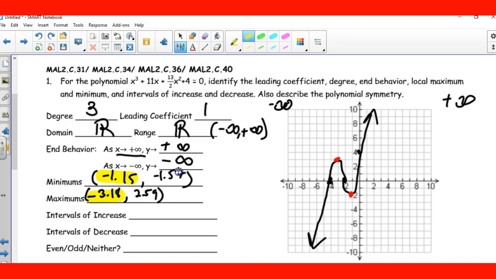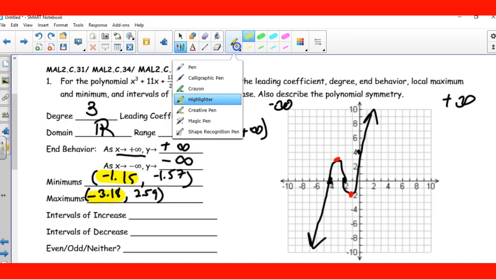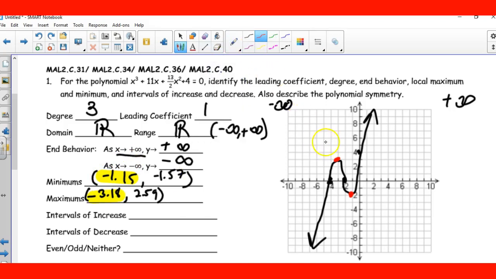Notice that the maximum came first from left to right, so I'm going to write the x value of the maximum first. And then the minimum x value is negative 1.15, so I'm going to space it out right here.